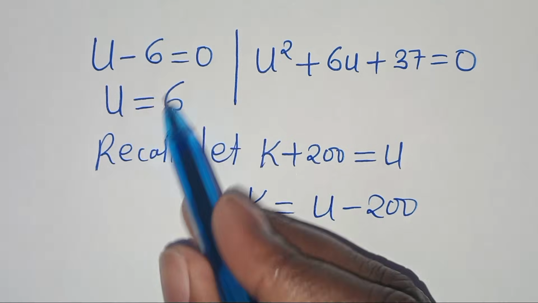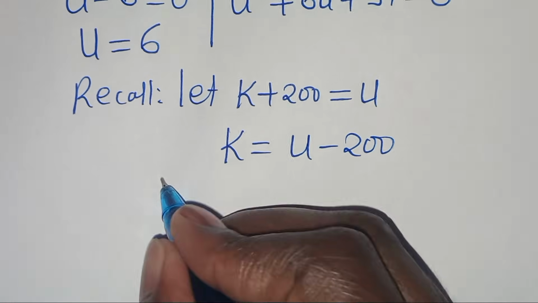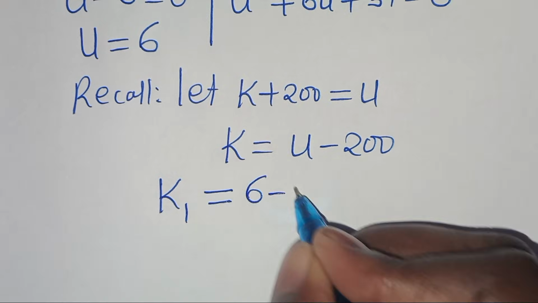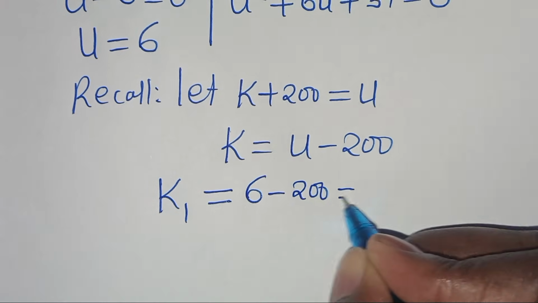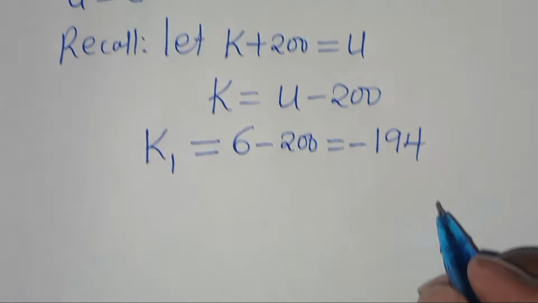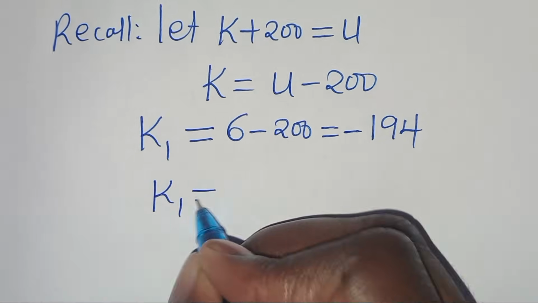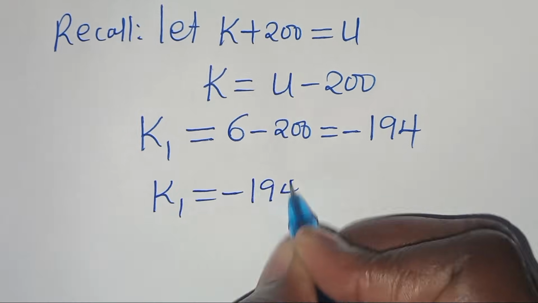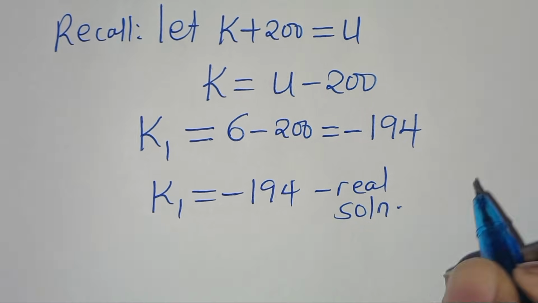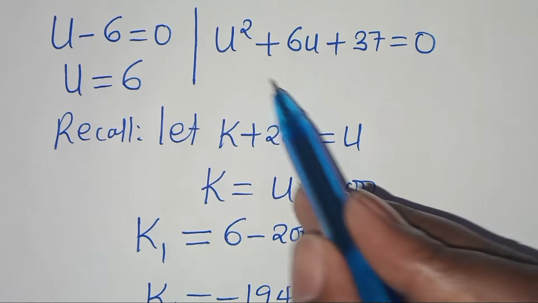Since u is equal to 6, this means that k1 is equal to 6 minus 200, and this is equal to minus 194. So we have k1 is equal to minus 194, and this is a real solution. Let's proceed to the second case here.